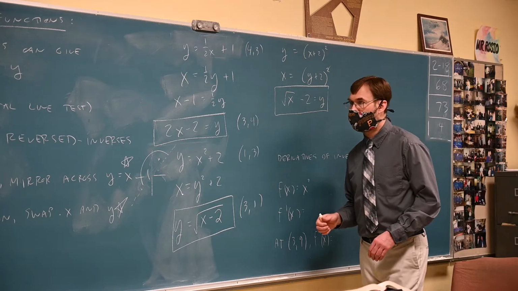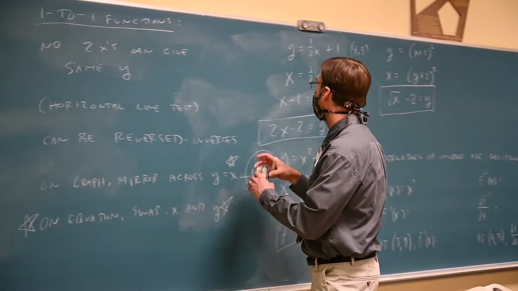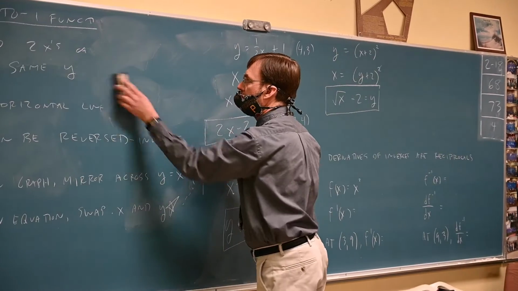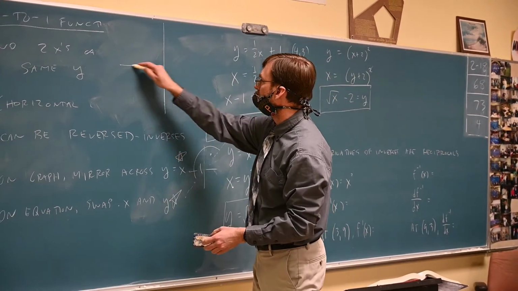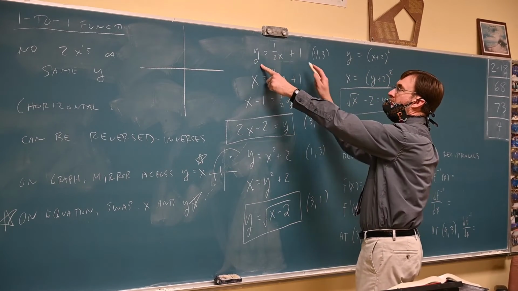I'm going to step a little bit left and do a quick graph way of doing this. If I wanted to graph this, do you remember how to graph this?